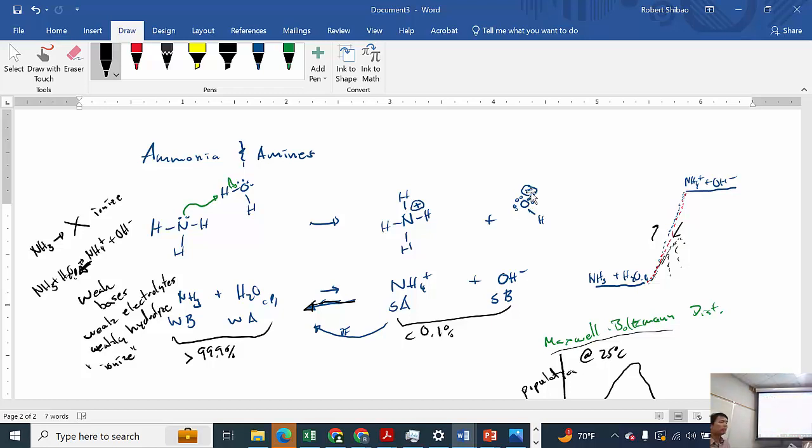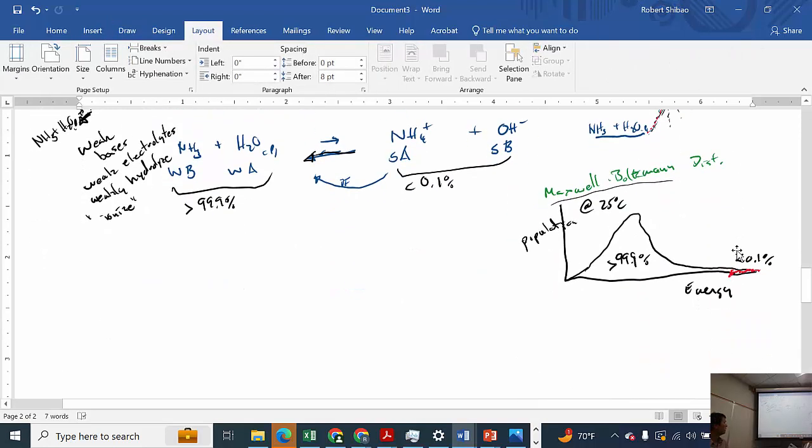And so ammonia can participate in metathesis reactions, but we typically don't write ammonium hydroxide. We typically just leave it as ammonia because if you're going to go buy some of this, you're going to buy aqueous ammonia. We'll talk more about that later.